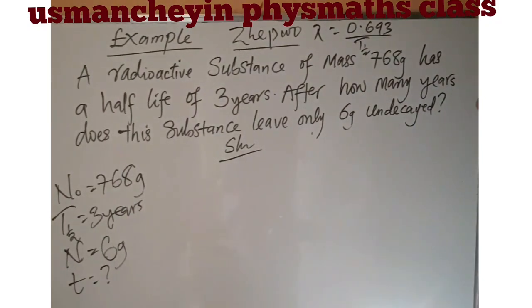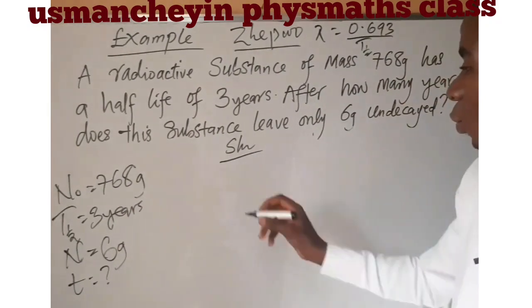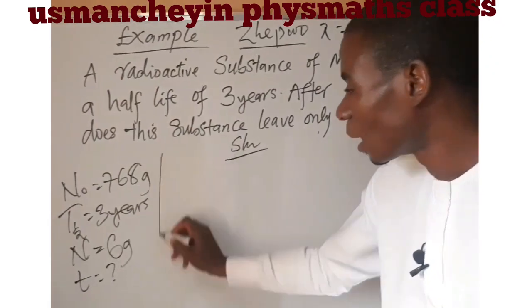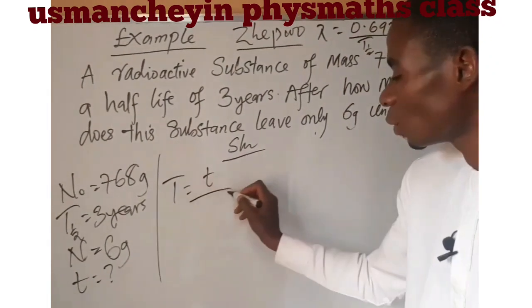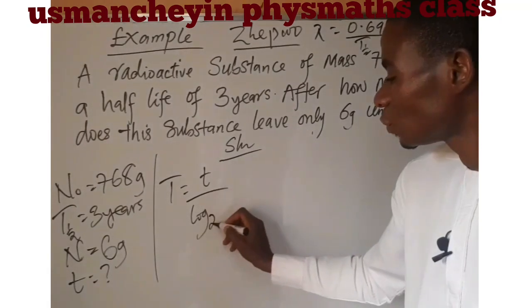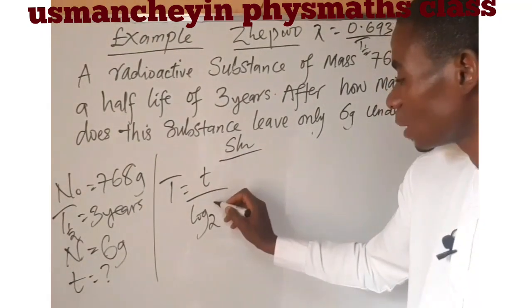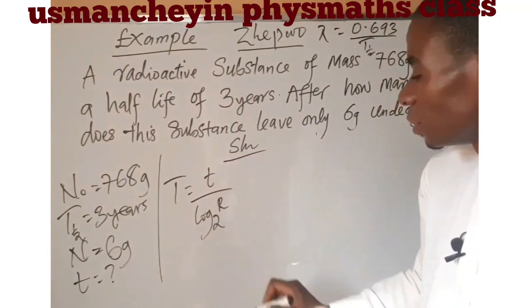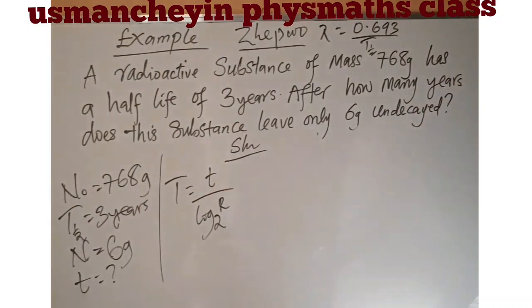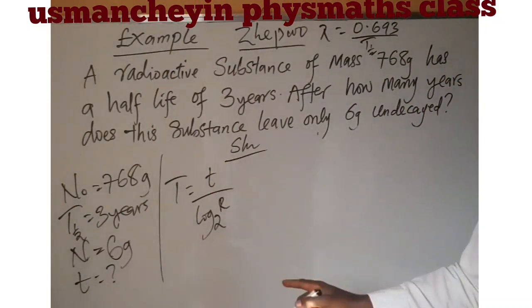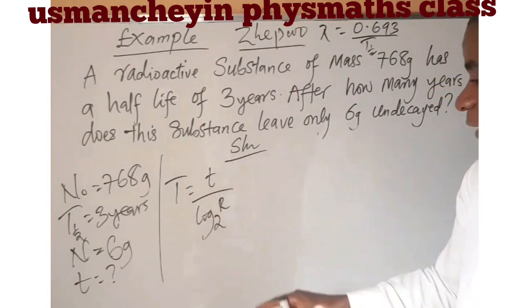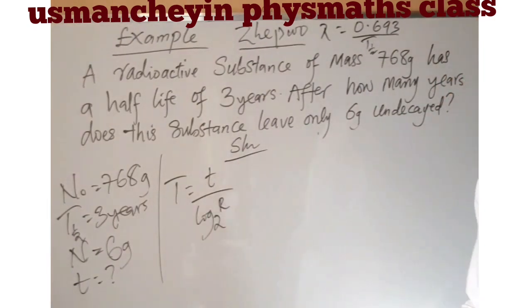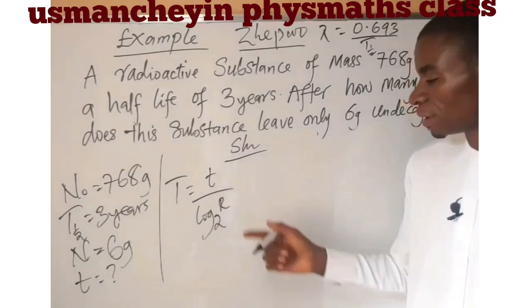In the Z-pole method, we have T equal to small t over log r base 2. We have to define these. The T is the half-life, the small t is the time taken, and r is called the disintegrating ratio.